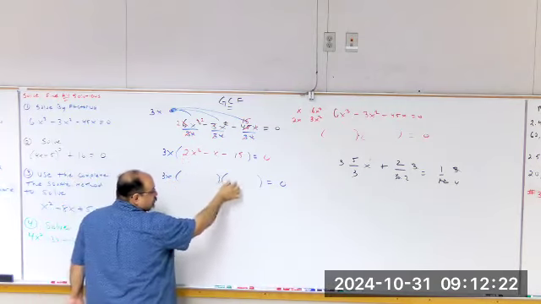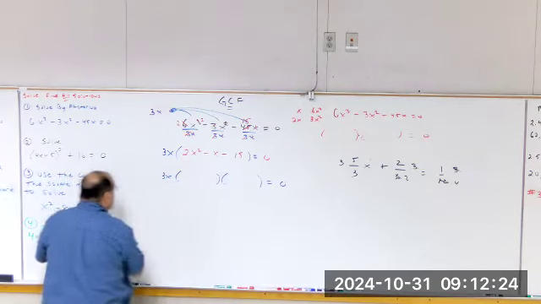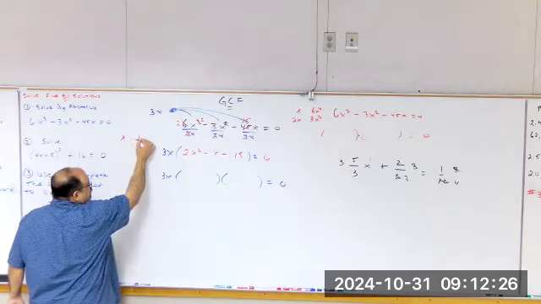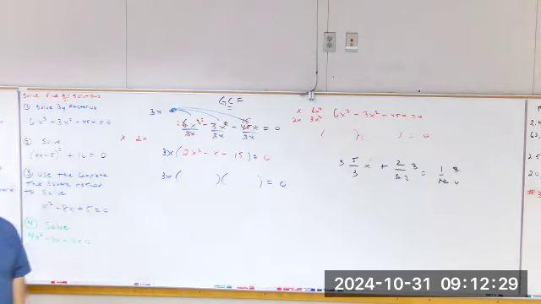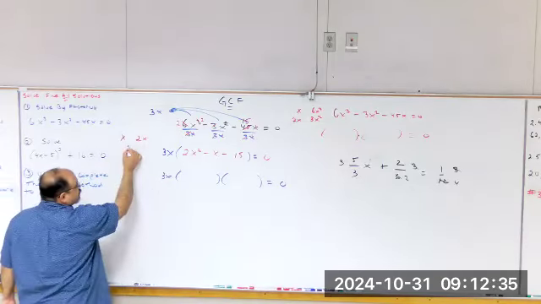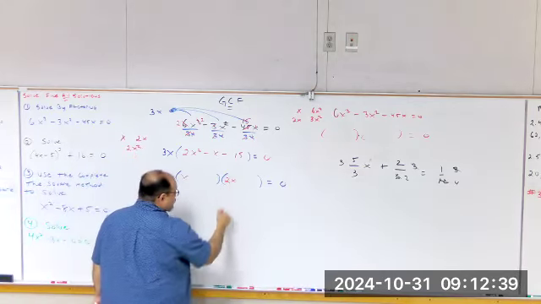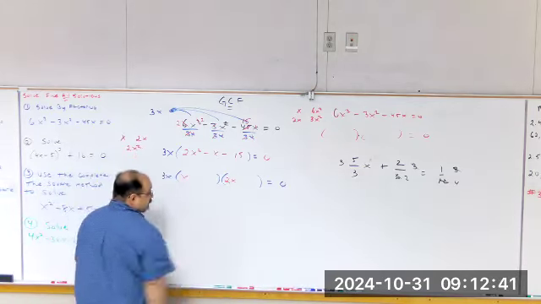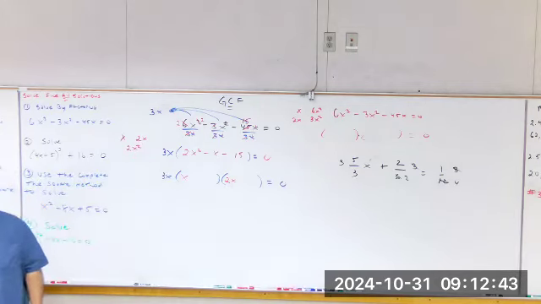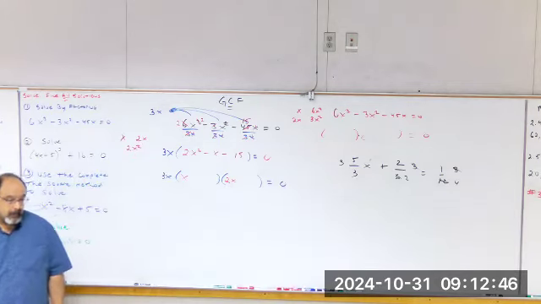The only way to make 2x to the second would be x times 2x. 1x times 2x. X times 2x is 2x to the second. So it has to be an x times the 2x. If you want to put 2x and 1x there, that's fine. You'll still get 2x to the second.